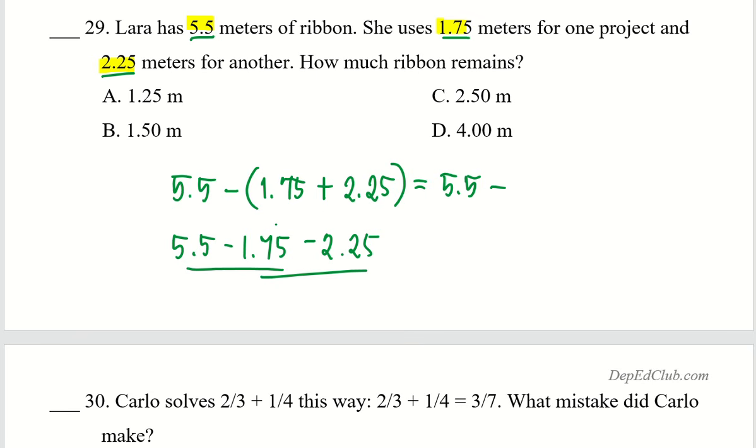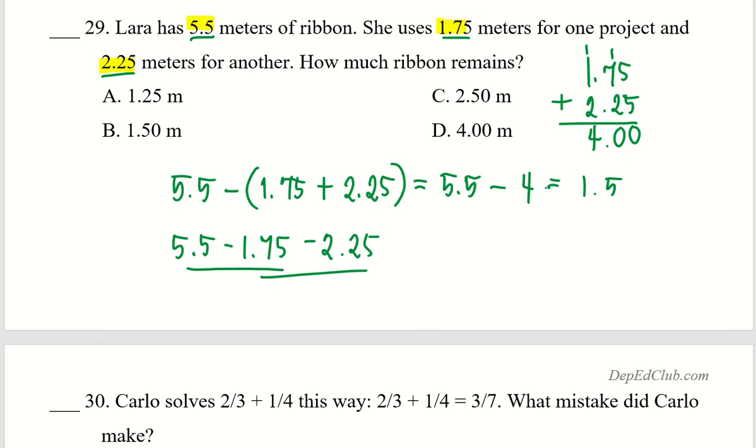So we got 1.75 plus 2.25. Again, you have to align the decimal point so that your place value will align also. So we got 4.00, or just simply 4. Then 5.5 minus 4 is 1.5.